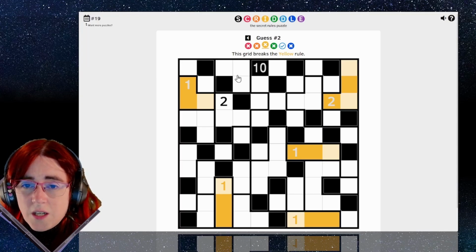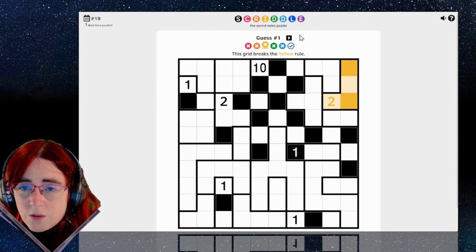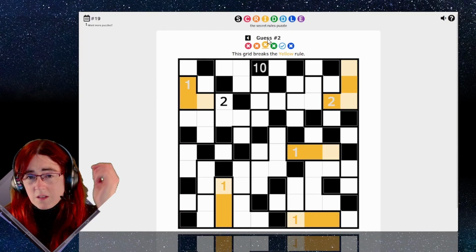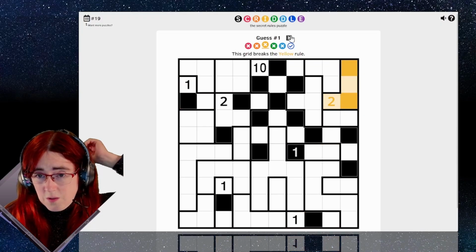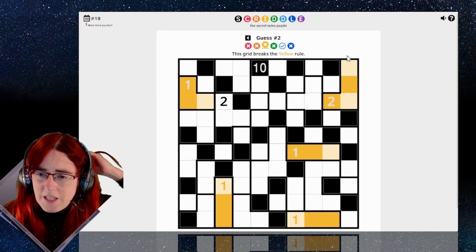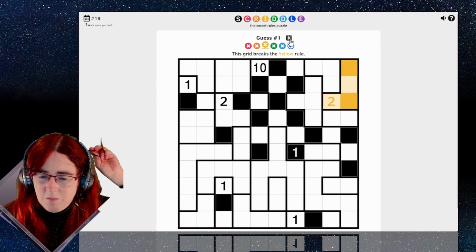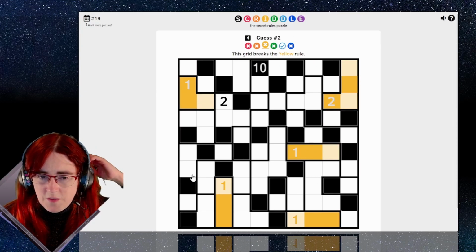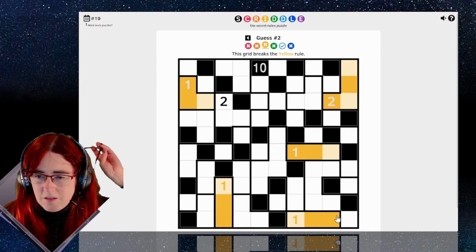This breaks the yellow. How does this compare to guess 1 on the yellow rule? So guess 1. Ooh. So we've never satisfied the yellow rule for this shape up here. But we've also failed it for a bunch of other shapes down here.